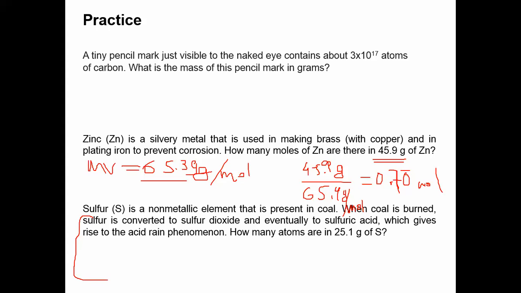So how many moles you have of sulfur if you have Avogadro's number of sulfur? Zero point 0.7. How did you find that one?